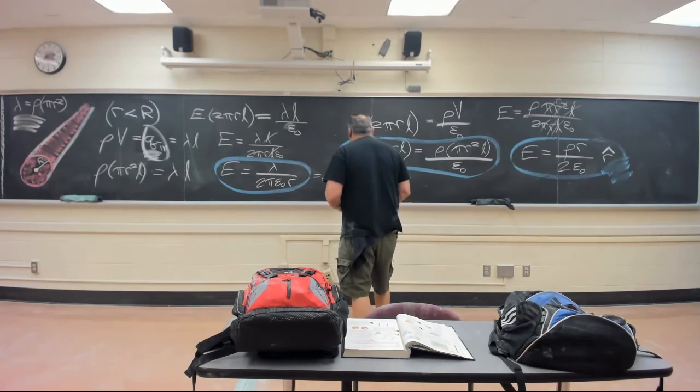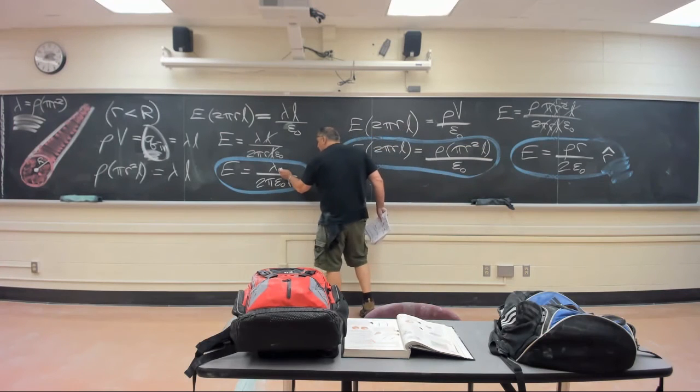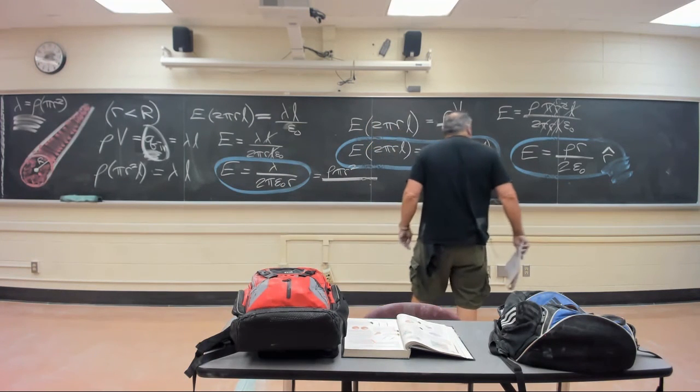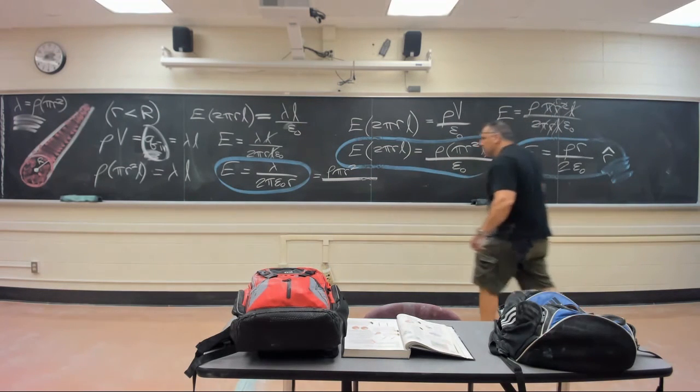Makes sense. This becomes kind of like the lambda. If you multiply that lambda by L, lambda multiplied by L is Q. This thing multiplied by L is Q.